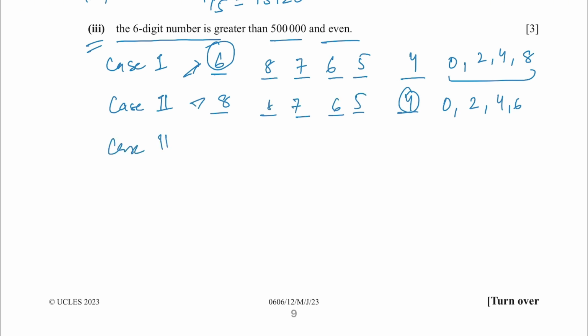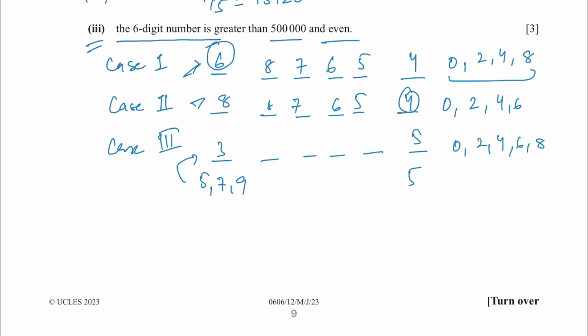We'll have our case 3 as 6 and 8 both are available over here. So we'll have our values here as 5, 7, and 9. We can have 5, 7, or 9 over here. And we can have all the 5 combinations over here, that is 0, 2, 4, 6, and then 8. So we have 5 combinations over here. We'll have 3 combinations over here. We'll have 8, 7, 6, and then 5.